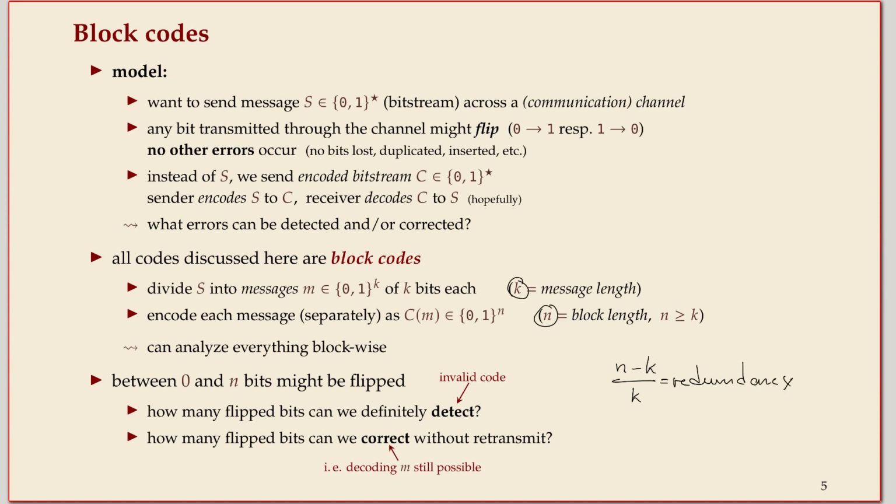That is the number I asked you for in that question. That's the extra bits we have to add. n minus k is the extra bits that we add per bit in the original message. That's exactly the number I asked you for.